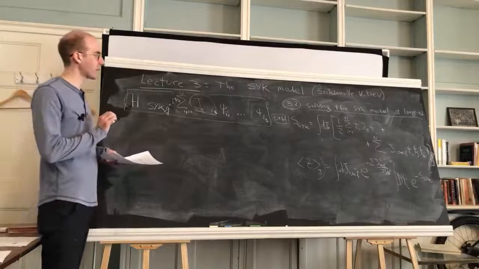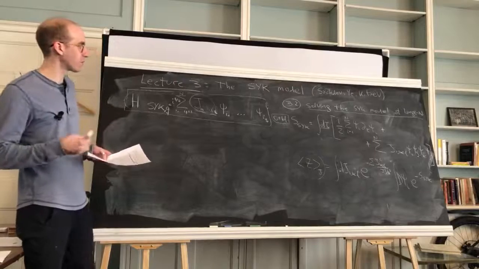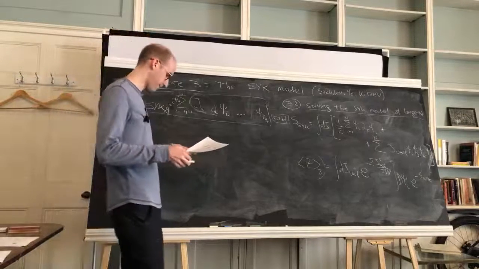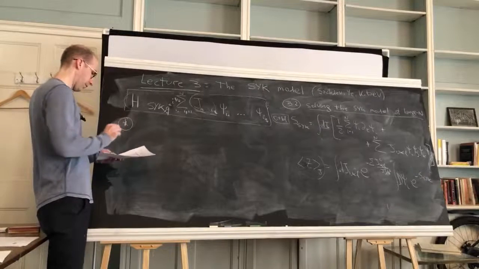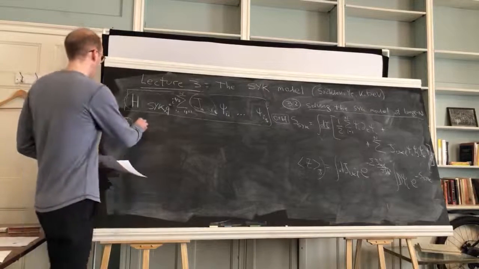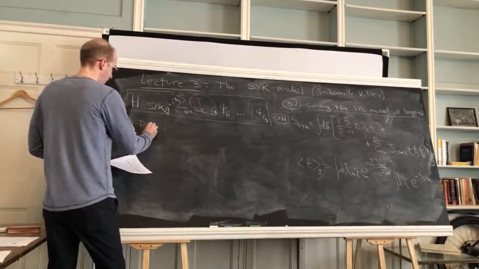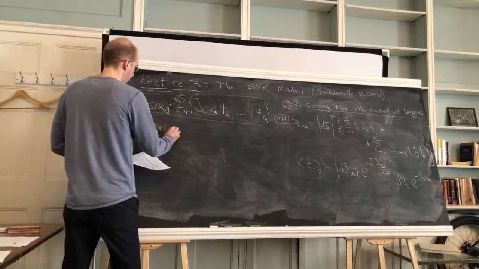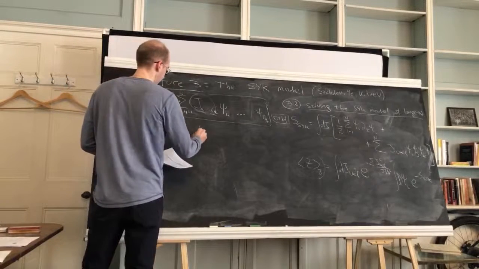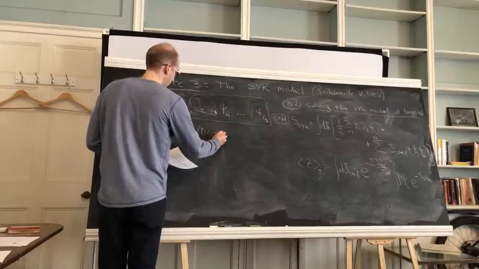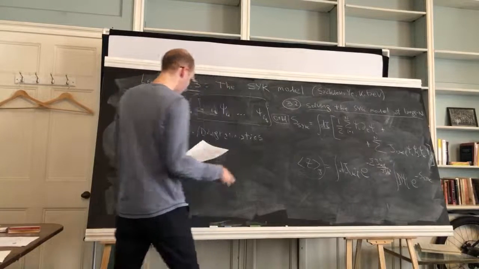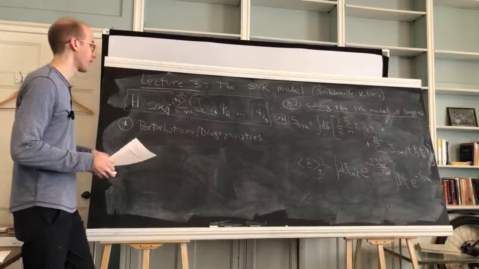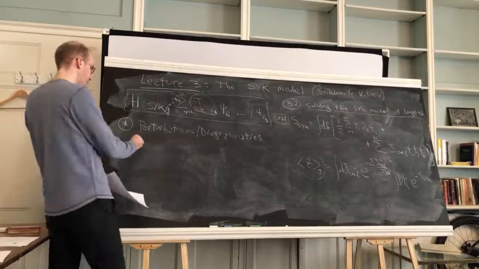But just to start having a feeling for what's going on, I will try some perturbative calculation, perturbations or diagrammatics, people call it in different ways. If you have that action, how to compute Feynman diagrams.